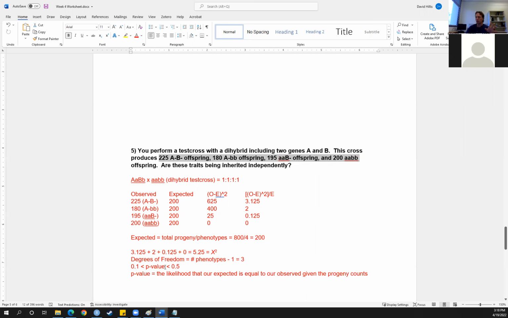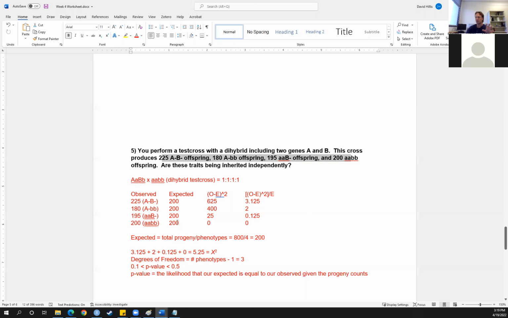And so what we're saying is that there is between a 10% chance and a 50% chance that we can claim that this matches our expected values, in which case we would assume that these are independently assorting.